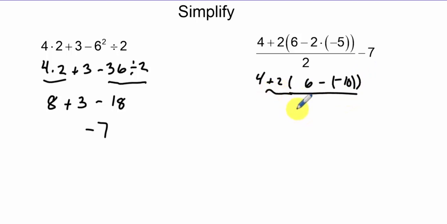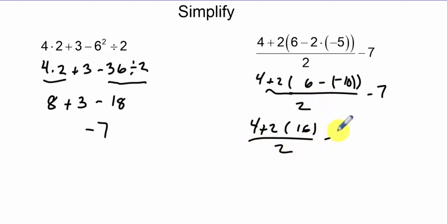And then I still have those parentheses to deal with. So I'm going to take and subtract 6 and negative 10. I have a 4. The 2 is still there. I'm going to keep this parentheses here. This goes to a 16 over 2 minus 7. Now you'll notice in this fraction, I've got to take and do this multiplication in the numerator first.